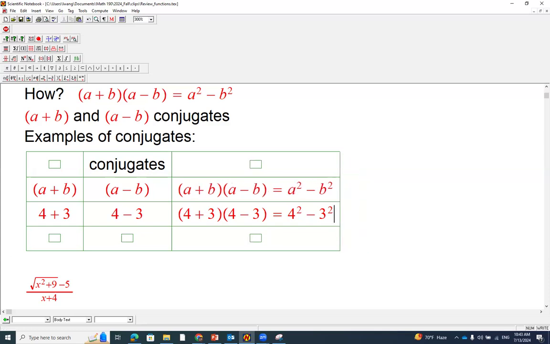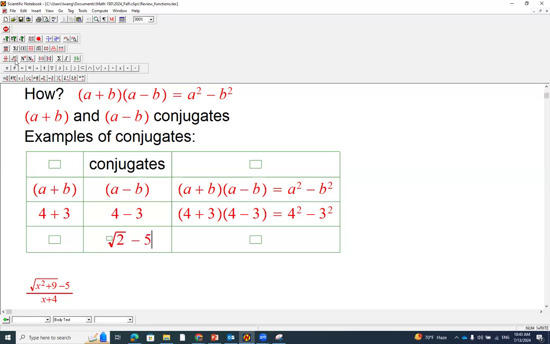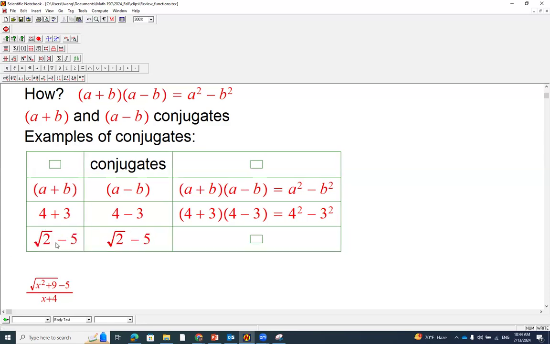Right, so it's true. Another case of conjugate could be root 2 minus 5. Well, the conjugate of root 2 minus 5 is root 2 plus 5. You can see we simply change the sign and we get the conjugate.